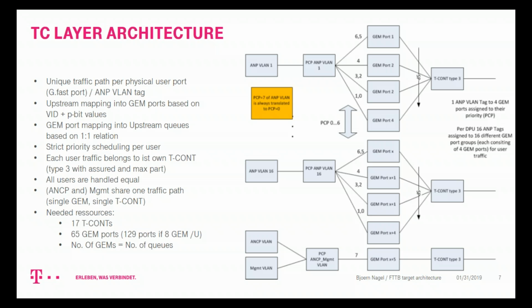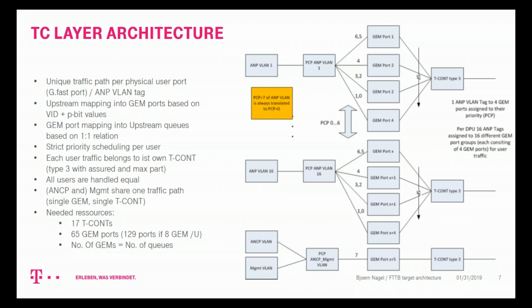So 0 and 1 to the lowest priority, 2 and 3 to the next one, then only 4 to the next one, and 5 and 6 together to the highest priority one. And the P7 will not be mapped here, because if everything works fine, no p-bit 7 will be present here.